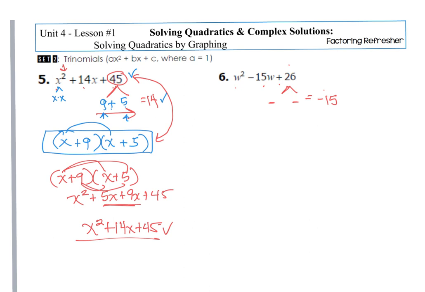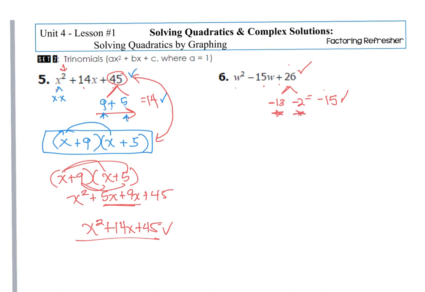And because I want positive 26 and it to add to negative 15, I'm going to say negative 13 and negative 2. Again, those two negatives do multiply to positive 26, check. And negative 13 and negative 2 add to negative 15, however you want to think of it. So my two factors here, we have found them, negative 13 and negative 2.